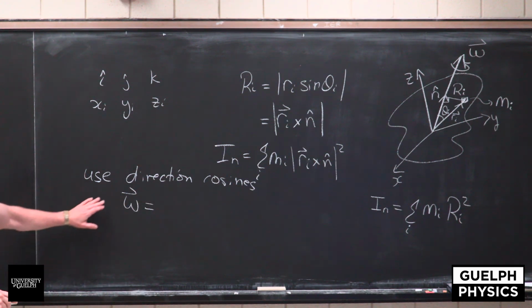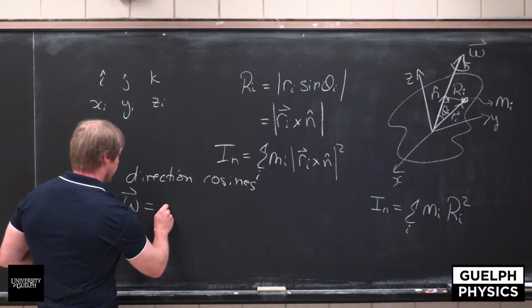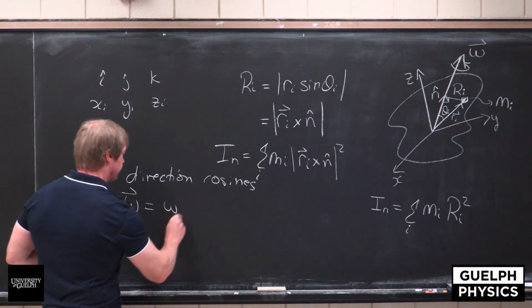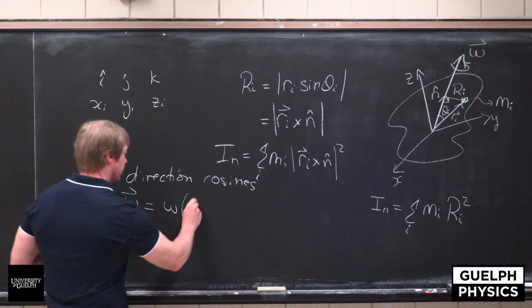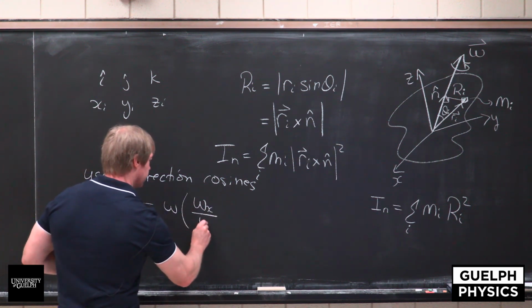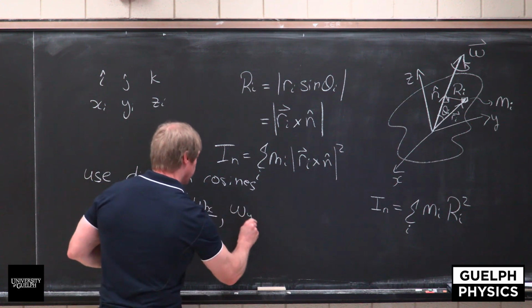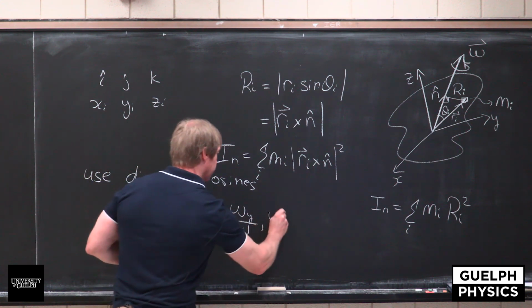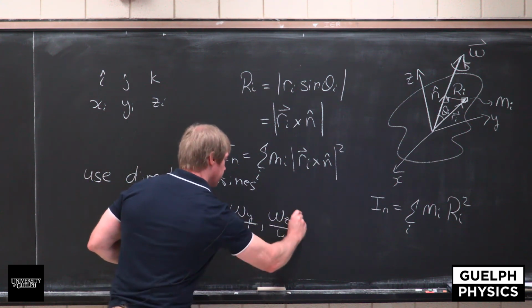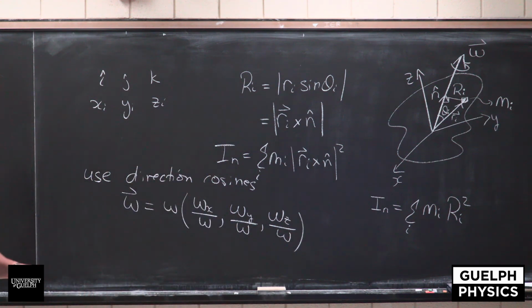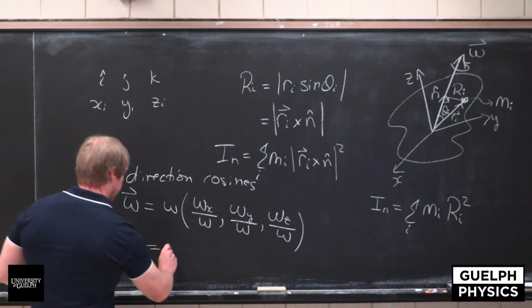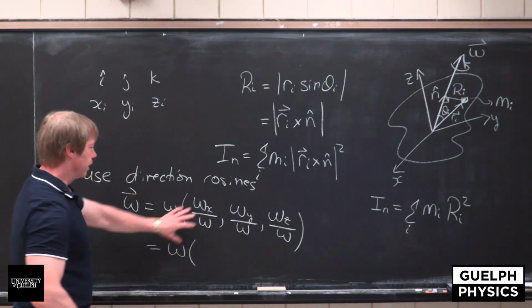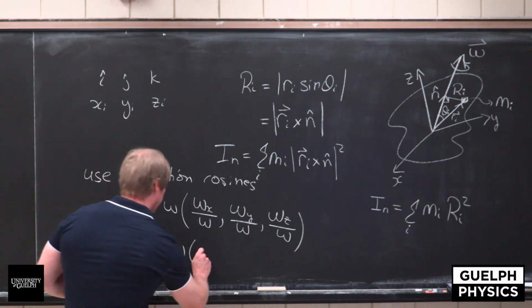So my vector omega I can write as the magnitude of omega times omega x over omega, omega y over omega, and omega z over omega. So these are just the individual components. And I can then replace these with the direction cosines.